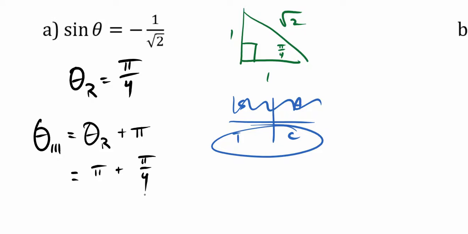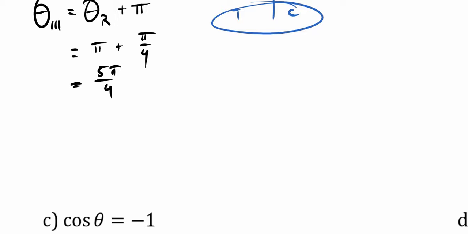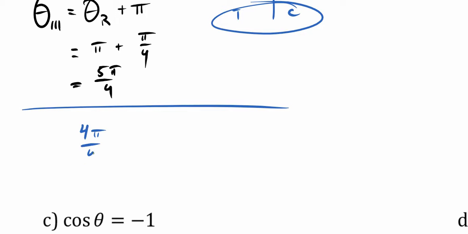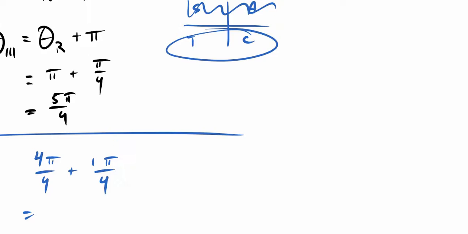But when you start thinking in fractions, start making sense of them, you're just like, well, that's like 4 plus 1 more, so it's 5, right? So it's 5 pi over 4. But if you want to see it, it's like 4 pi over 4 plus 1 pi over 4. So 4 plus 1 is 5, right? So that's the long way that you would do it, but you can start thinking in fractions.